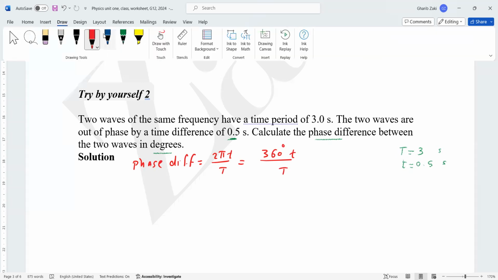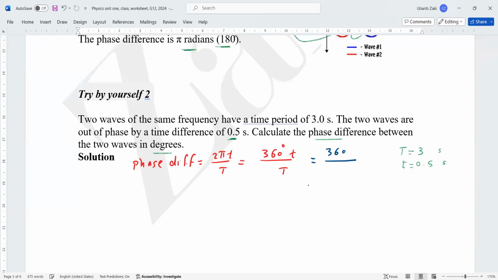Then the answer is 360 multiplied by 0.5 divided by 3. Now we use the calculator. The answer is exactly 60 degrees.